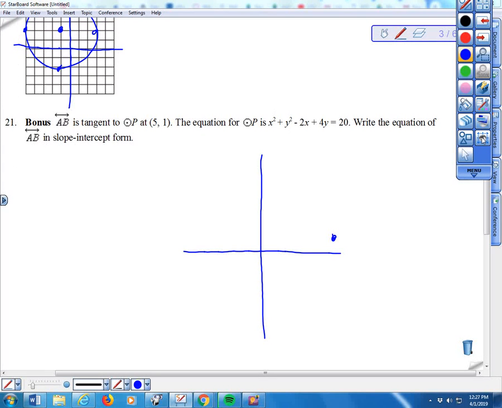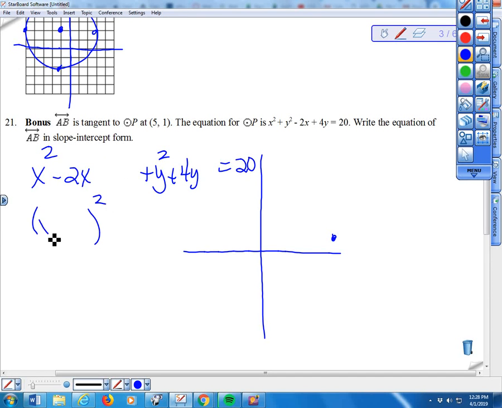You wouldn't be able to get this one otherwise. So it's going to be x squared minus 2x, and we have y squared plus 4y equals 20. It needs to look like this for the formula. Right now I have it like this.